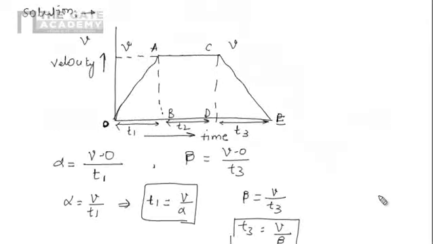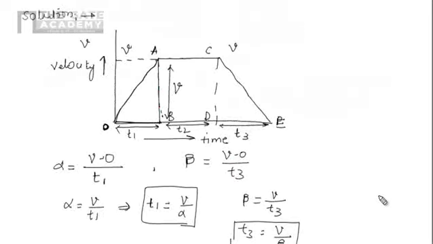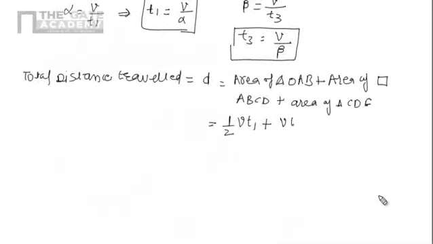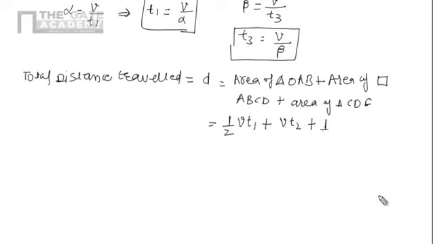Area of triangle OAB is 1 by 2, this one is v and this one is t1. So we have 1 by 2 v into t1 plus area of rectangle ABCD, which is nothing but v into t2, plus area of triangle CDE, which is 1 by 2 v into t3, and this distance we know is d.